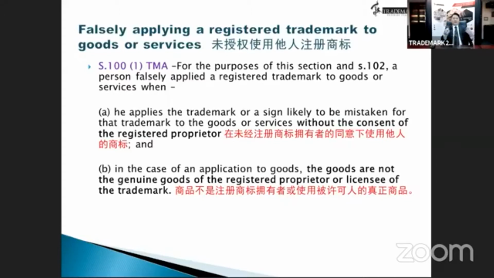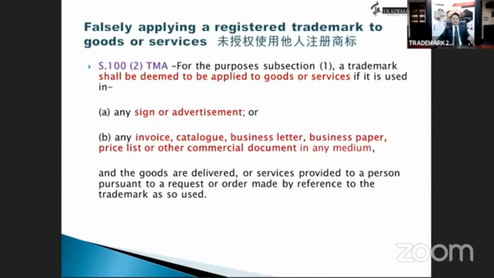Under Section 100, you will be fined as well. Let me explain a bit more. Section 100, subsection 2 says that a trademark shall be deemed to be applied to goods or services if it is used in any sign or advertisement, even your business letters or documents.